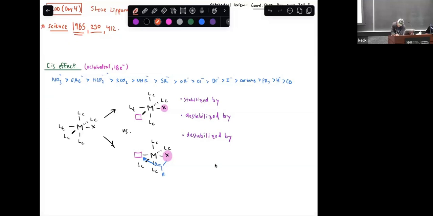So here's the empirical trend. And again, first approximation, you see that it's roughly opposite of the trans effect, but there are some interesting examples to consider here.